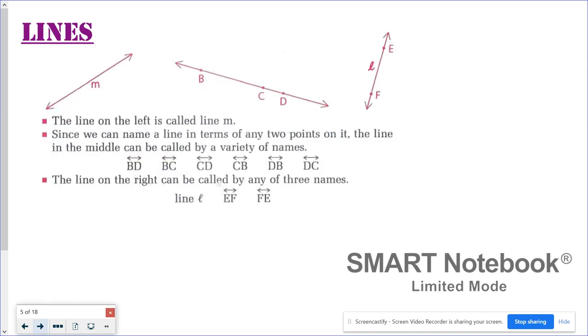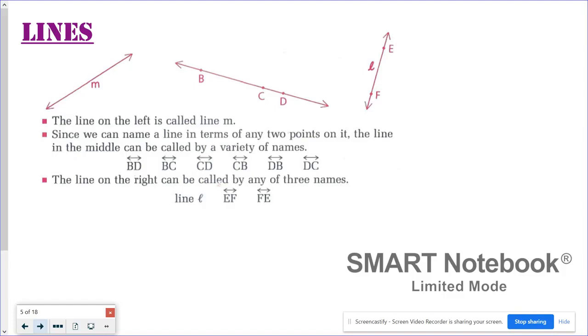Now on this page, I just have some more examples of lines and how we can name them. I would like to look at the middle example because here I have a line and they have identified 3 specific points on this line. There are still infinitely many points on the line. They just named 3 of them for us.